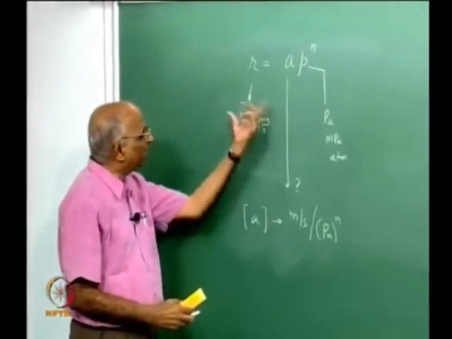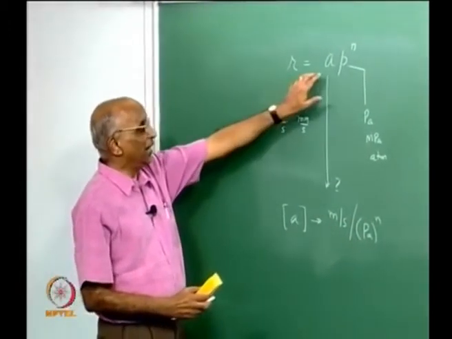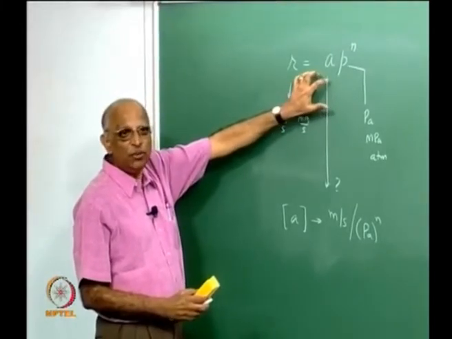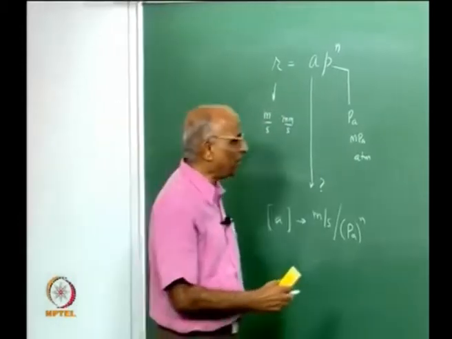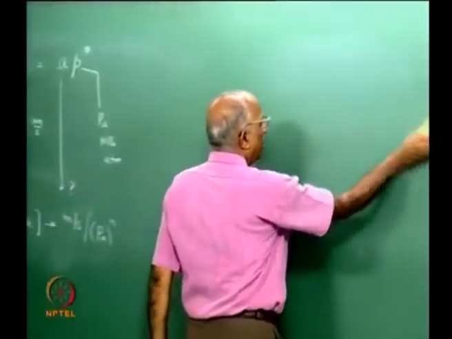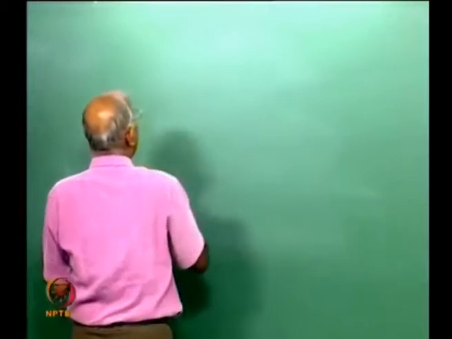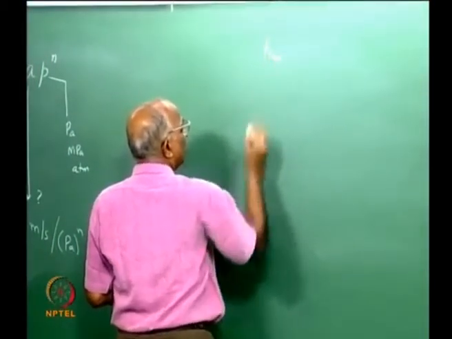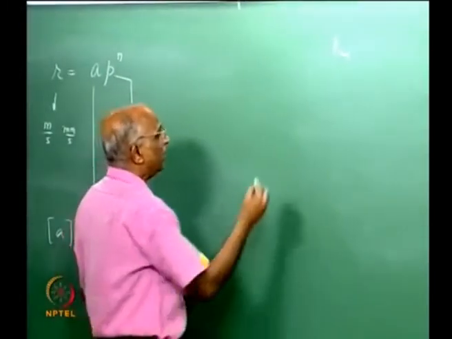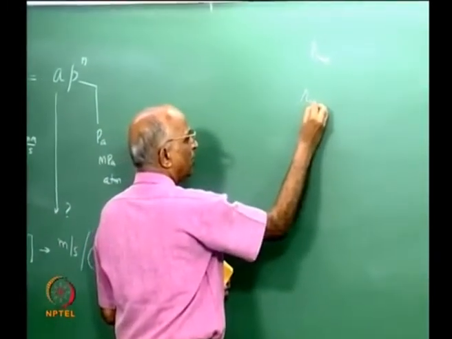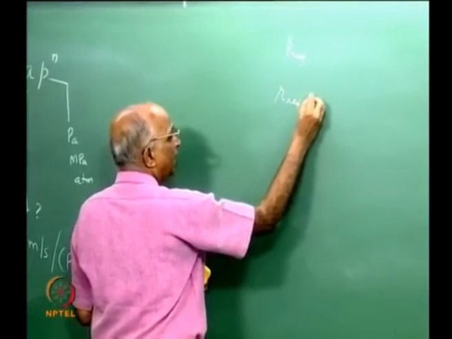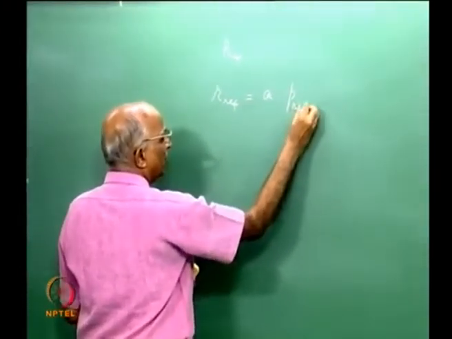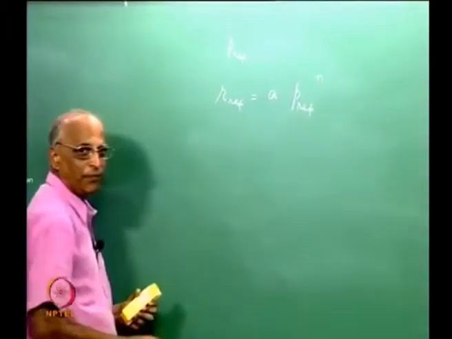Therefore, how do I get over this problem? Anyway, St. Robert's law, and the form of equation we derived, is found to be true. Well, let us say I use a pressure I call the reference pressure, and I evaluate the burn rate R reference as A into P reference to the power n.